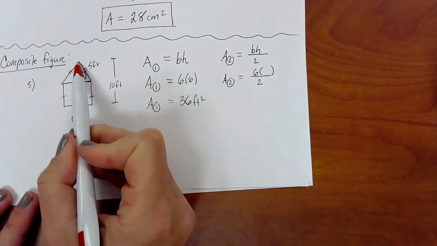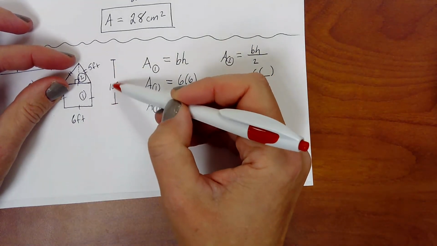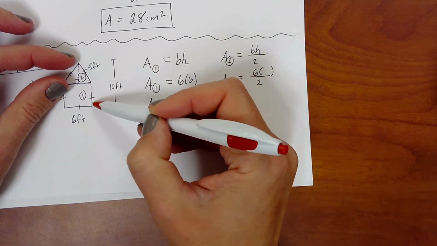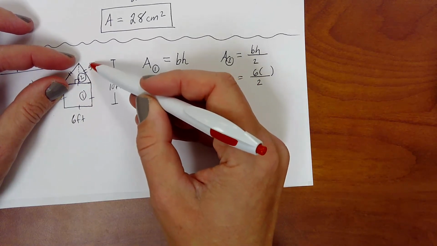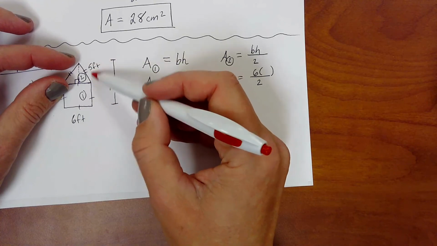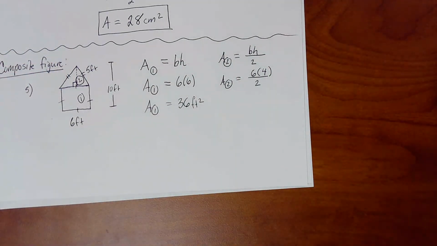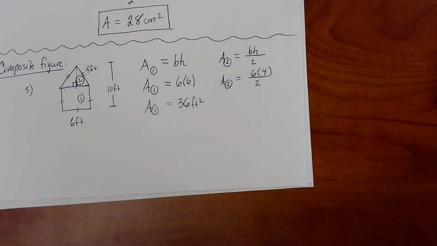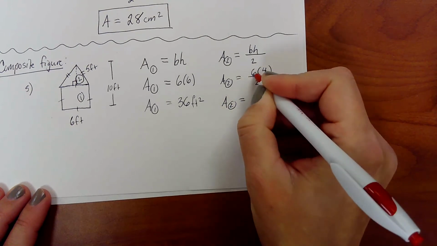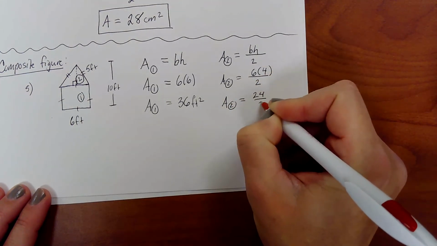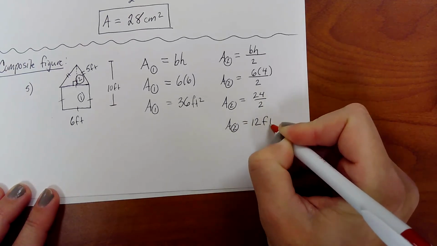So can we figure out that distance right there? Ooh, we know the whole distance is 10. And we know from here to here is 6. So what does that leave for that section? That's got to be 4. Okay, so there's no guessing. There is a reason that that is 4. All right, so area of section 2. 6 times 4 is 24, divided by 2, that's 12 feet squared.